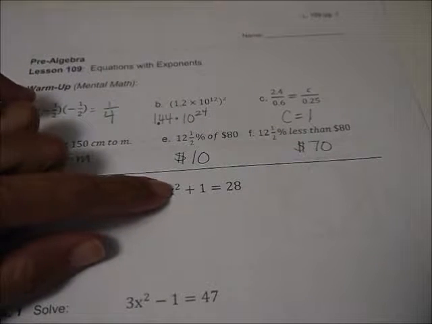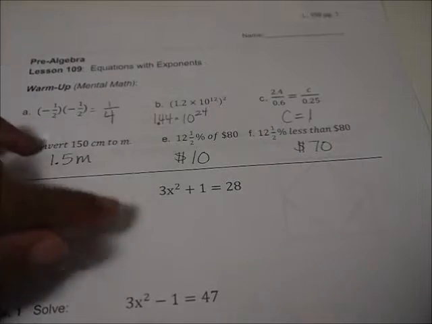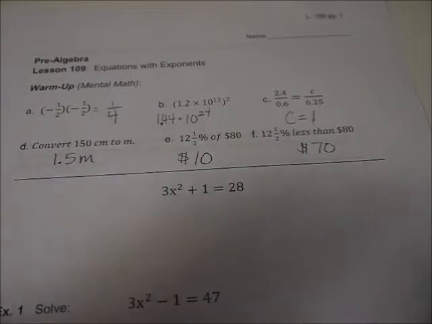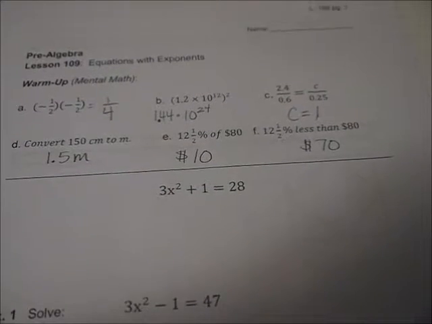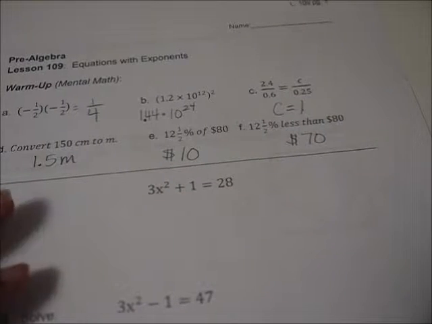So if I see a square, it tells me we're going to have 2 possible answers. Not just one number will work, 2 numbers are going to work. If this were a cube, 3 numbers would work for x, okay? So let's see what we mean.